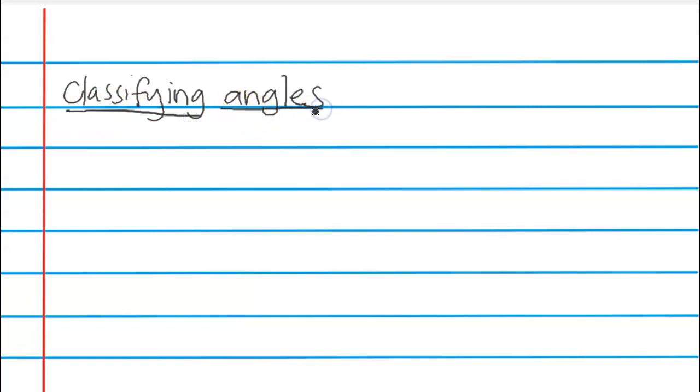Okay, so we're going to just define a couple more things, and these are ways to classify an angle. So we're going to write classifying angles. So we have a name for our angle that is the most specific, and we also can classify our angles, which is putting them into different categories based on their angle measure.